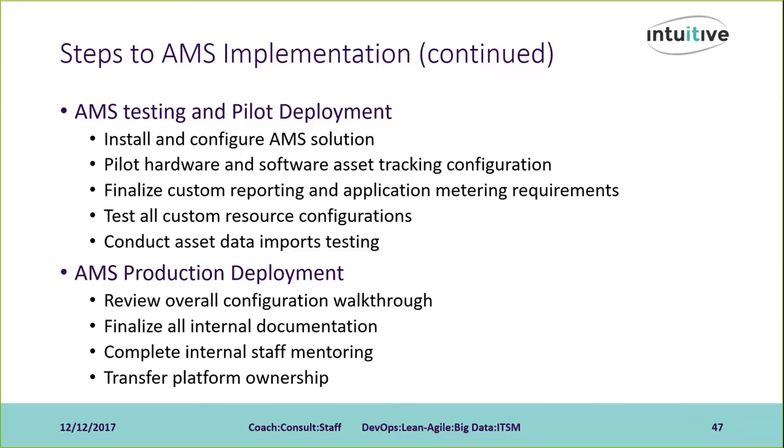Next, you'd pilot out a sample tracking use cases for both hardware and then software assets. For the hardware assets, this should include vendor and purchase-related information that's captured during the purchase asset phase through the physical reception of the asset.